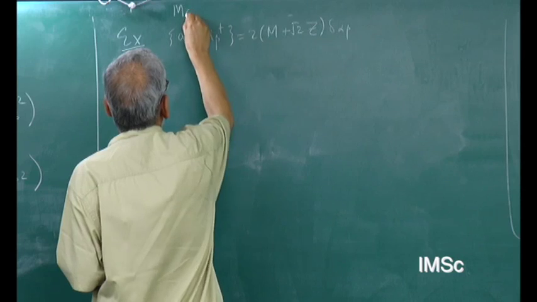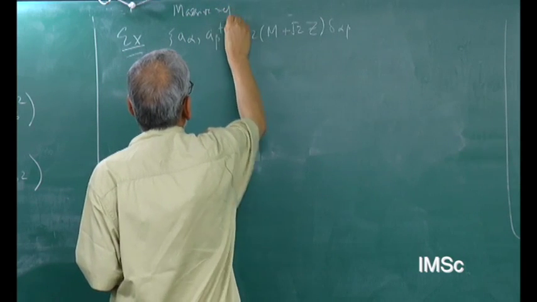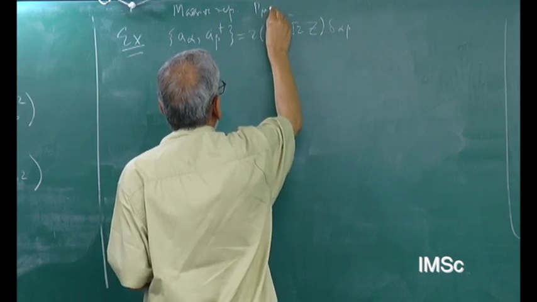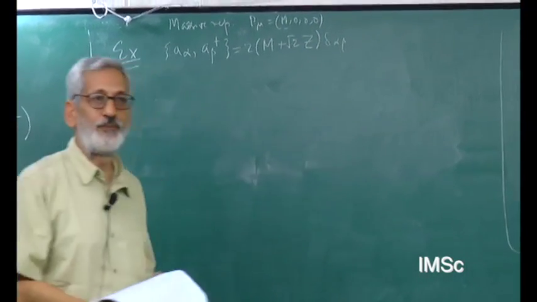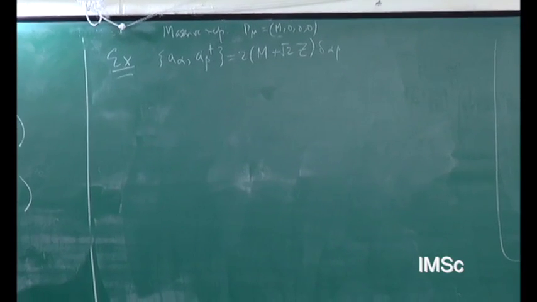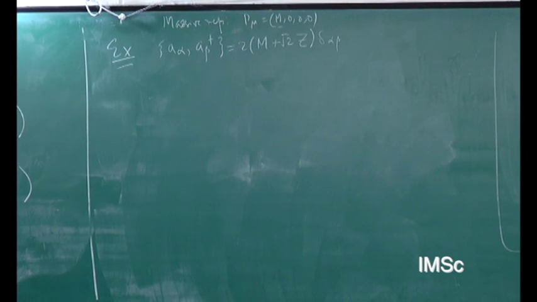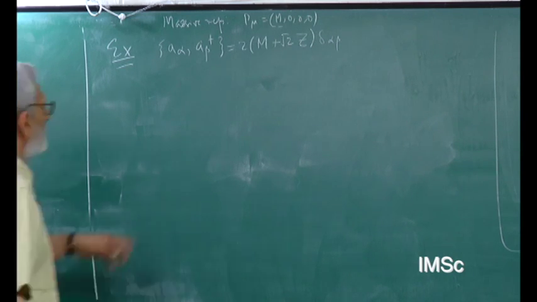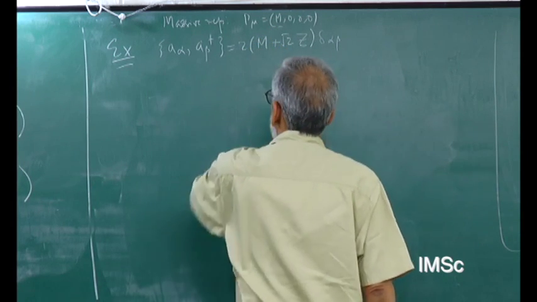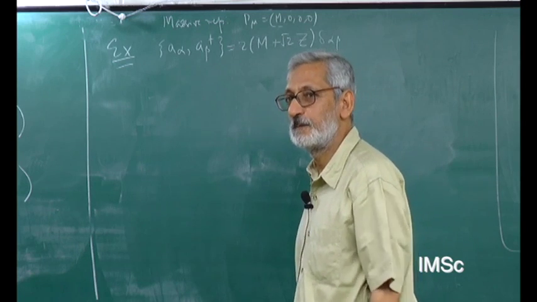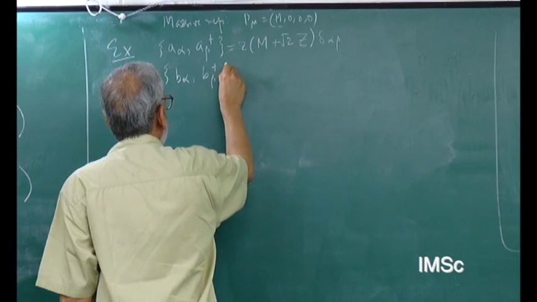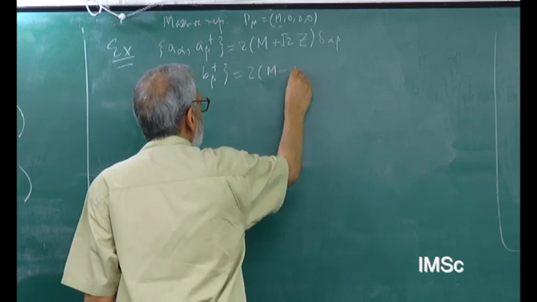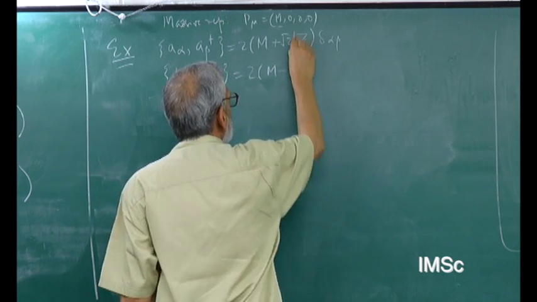We are dealing with massive representations, so we will take P mu to be m 0 0 0. Use this fact and you will see that this is what it is. And B alpha, B beta dagger is twice m minus root 2 mod z.